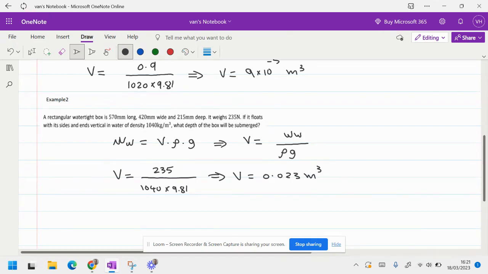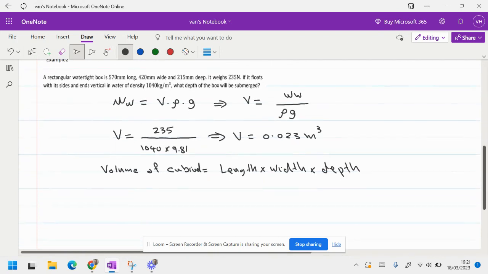So all we need to do now is find the depth. And I'm sure you all agree with me, the volume of any cuboid, cube or rectangular box is equal to length times width times depth.